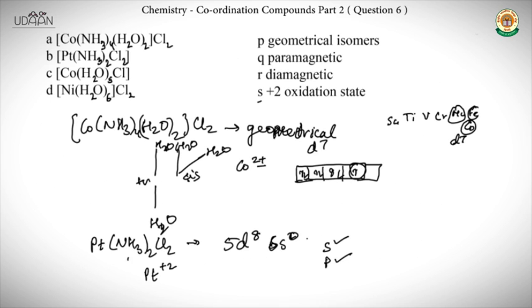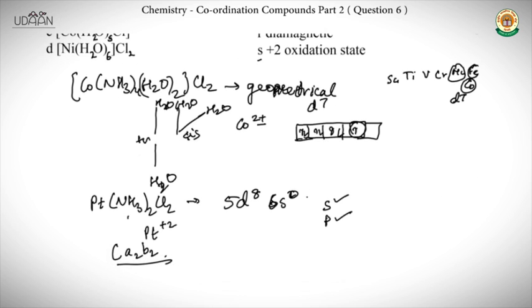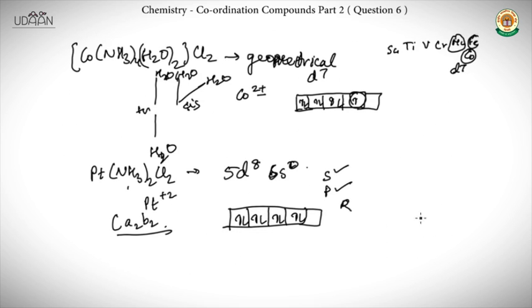This is straightforward, what we do in organic chemistry as well: a compound of the MA2B2 type always has geometrical isomers, cis and trans. Also, in this case it is diamagnetic because we have an even number of electrons, and NH3 being a strong ligand, they will all be paired up. So we can straight away tell that there will be no unpaired electrons. So it's diamagnetic in nature, and R is also correct for this case.